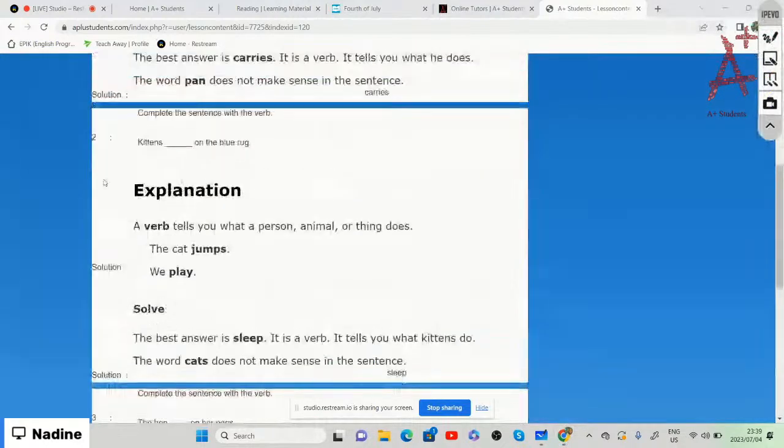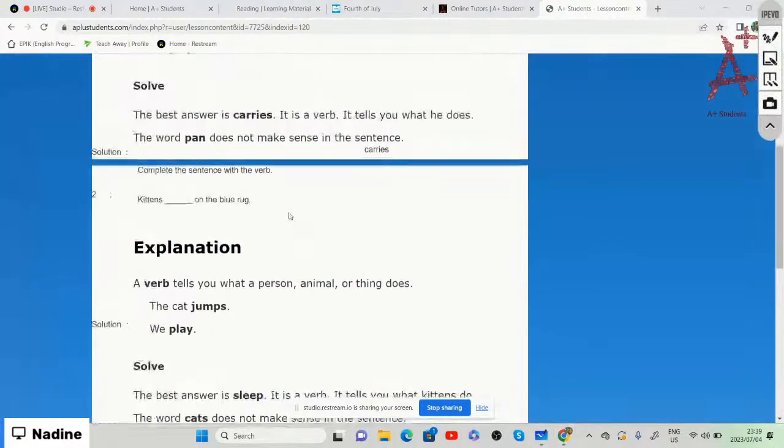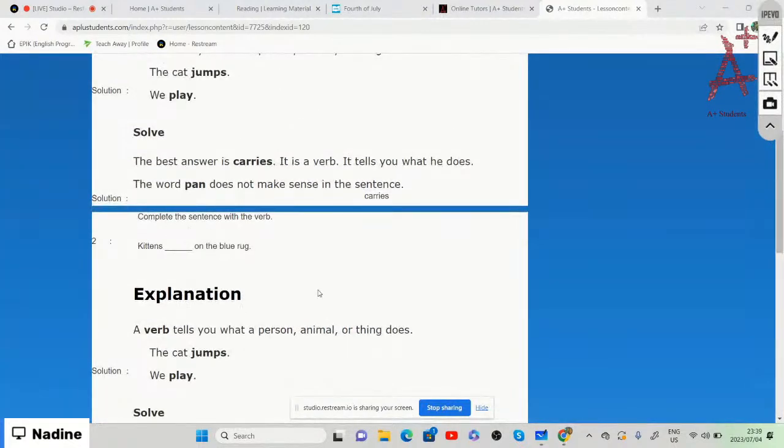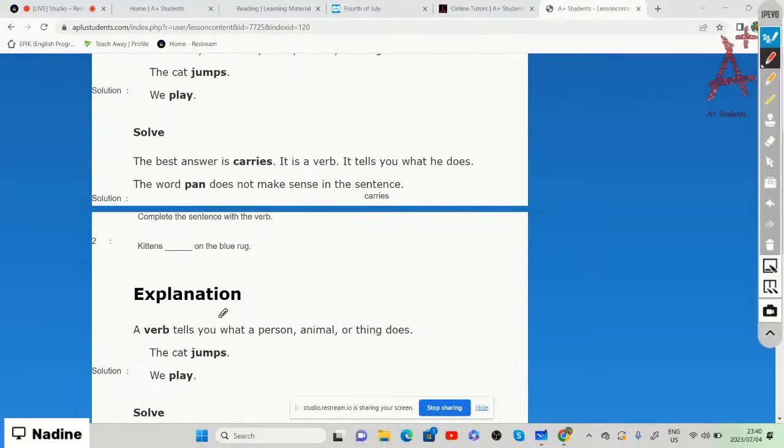All right. Kittens what on the blue rug? What do you think the kittens are doing on the blue rug? We can either say that they play on the blue rug or we can say that they sleep on the blue rug. So we need to choose the correct one.